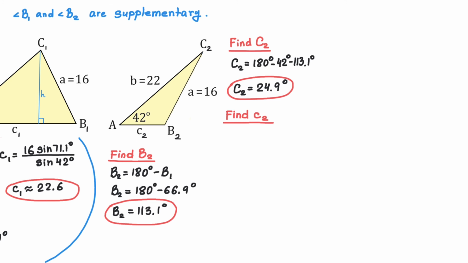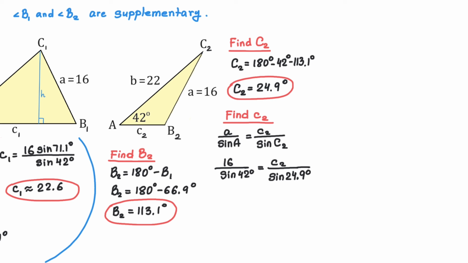And for this we will use the law of sines. A over sine of angle A equals c sub 2 over sine of angle c sub 2. Then we will replace 16 over sine of 42 degrees equals c sub 2 over sine of 24.9.